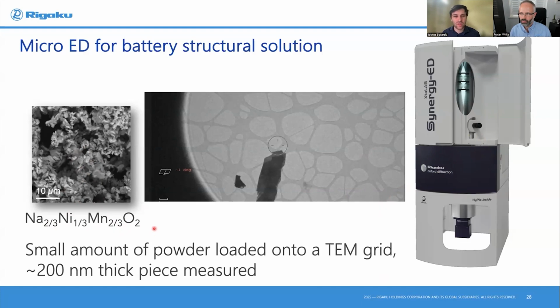Crush it up really well and put it onto a TEM grid. Here you can see a particle that we've crushed and put on the TEM grid, and some parts are transmissive. You can see through a portion of this crystallite, and that's enough to get a single crystal pattern. As long as we have a little bit that's electron transmissive, we can get a diffraction pattern.